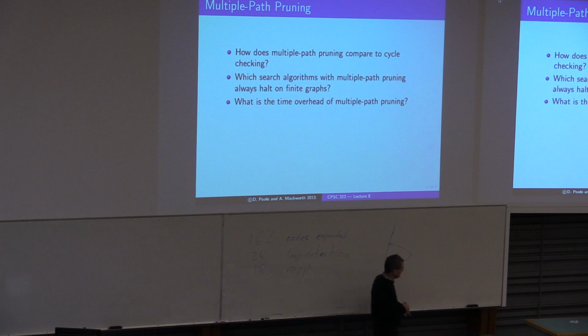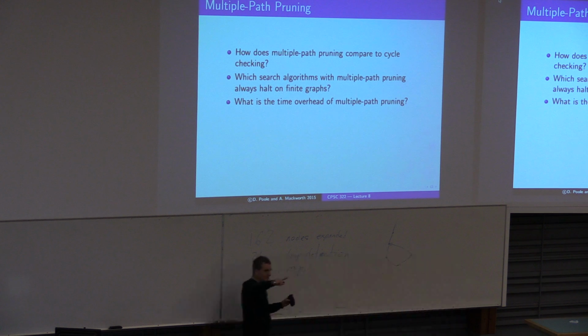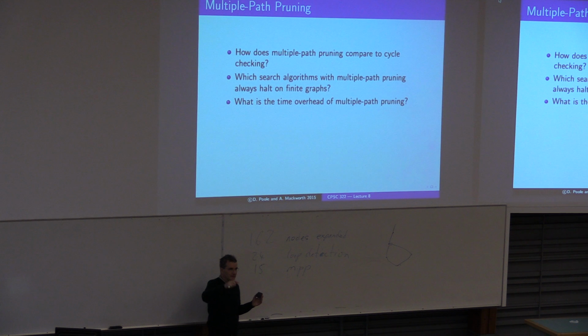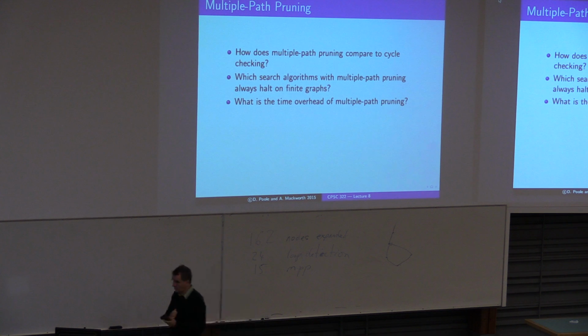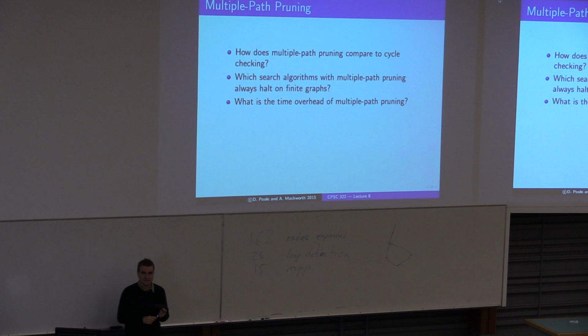No, it's the overhead. We're already paying the number of nodes visited in time. What's the number of nodes that were visited, remember? It's the number of nodes that were ever expanded.